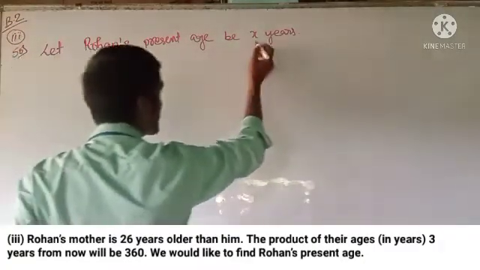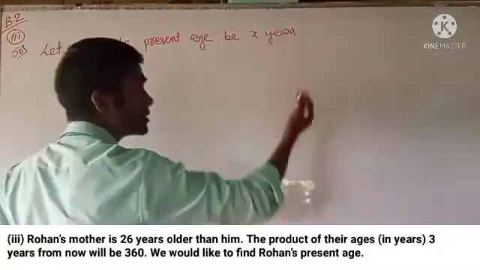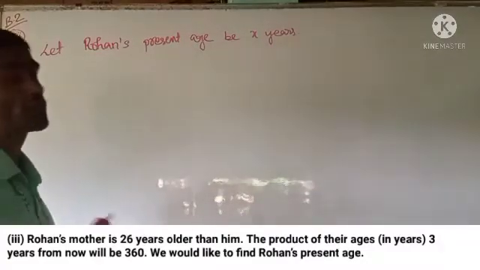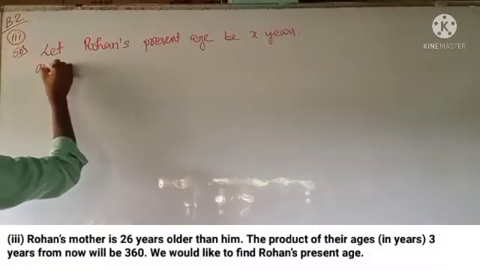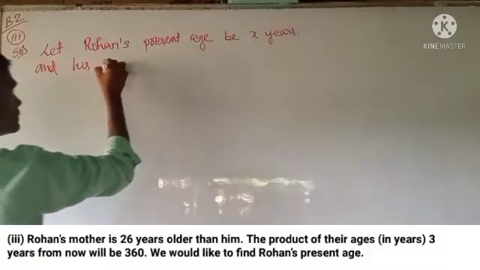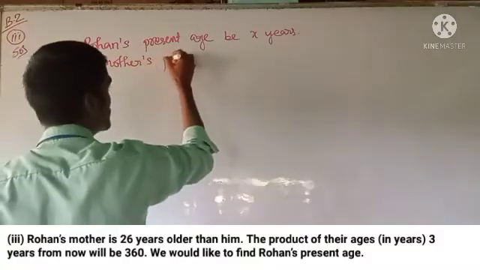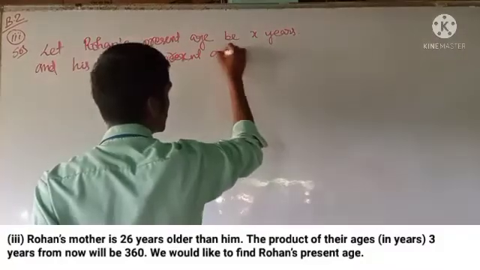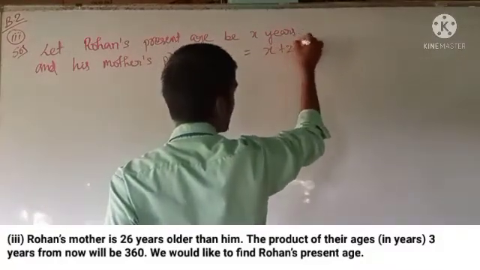So if his present age is x years, then his mother's age will be x plus 26 years, because his mother is 26 years older than him. So his mother's present age is equal to x plus 26 years.